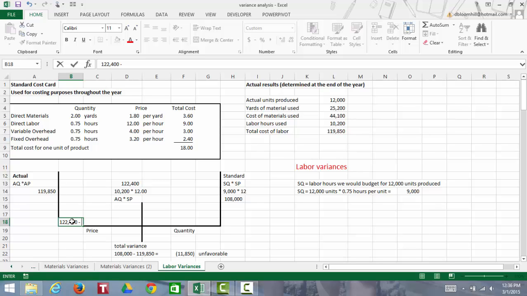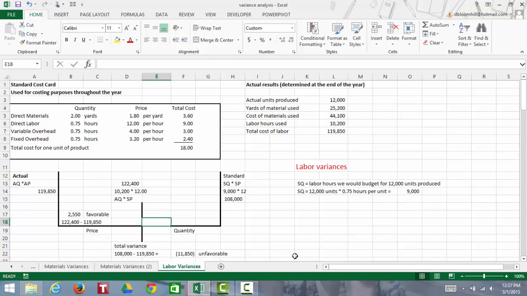We're going to subtract the 119,850, and we get a positive $2,550 price variance, and that is favorable. That means that we spent less per hour on our labor than we expected. The actual cost of our labor was less than $12 per hour.